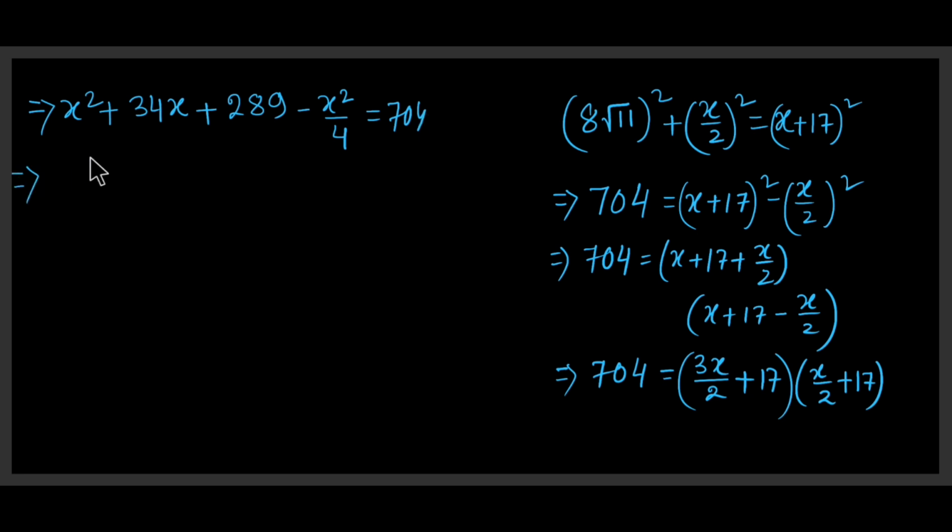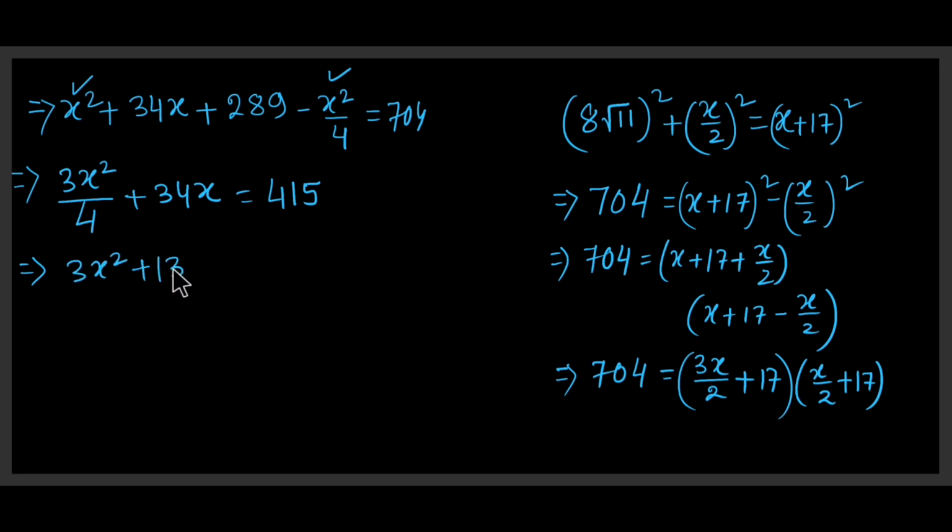Now it is simplified as 3x square by 4 from these two terms plus 34x equal to 415. Now multiplying both sides by 4, we get 3x square plus 136x minus 1660 equal to 0.